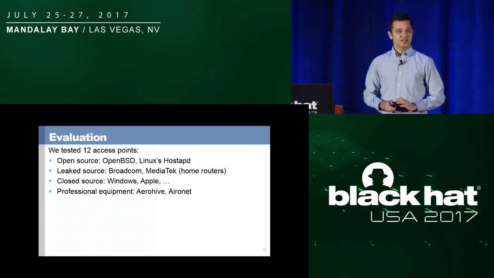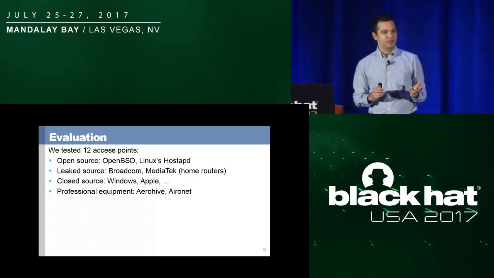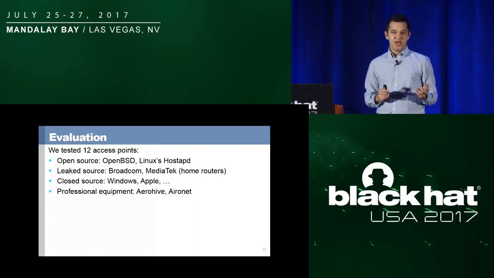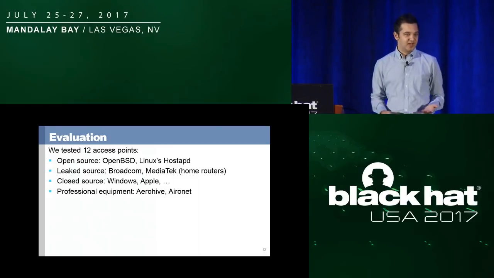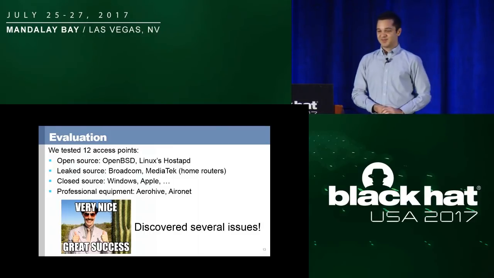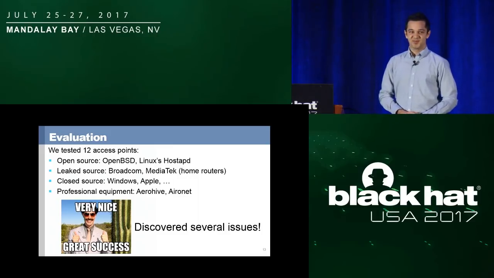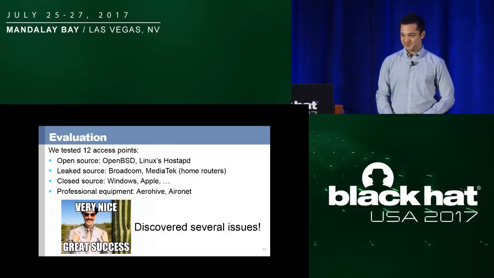And the results here were very surprising in my opinion, because the Wi-Fi handshake is fairly simple. I mean, you have this stage where you discover a network, and then you just have 4 messages which are exchanged. So I expected that we weren't going to find much. But we discovered several issues, so that was a very nice success.